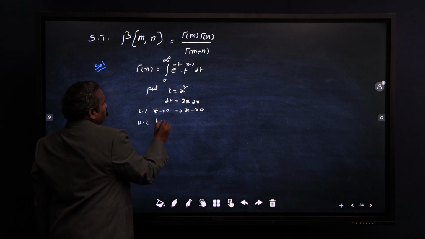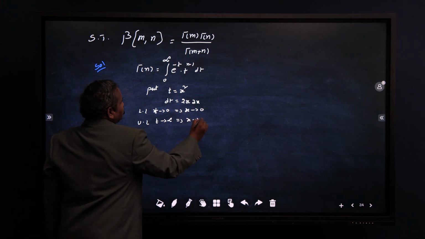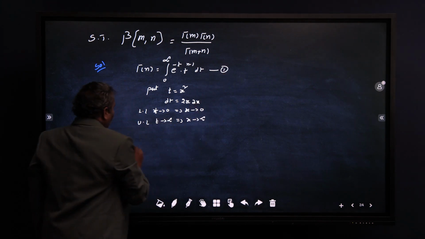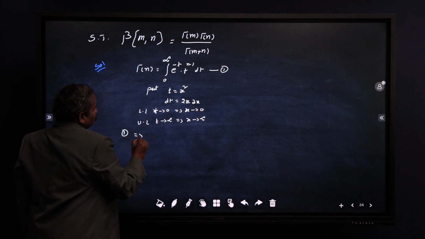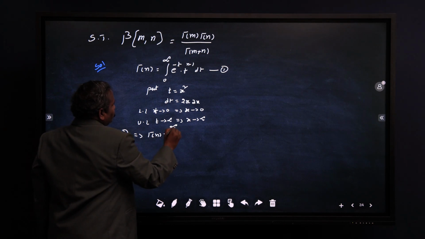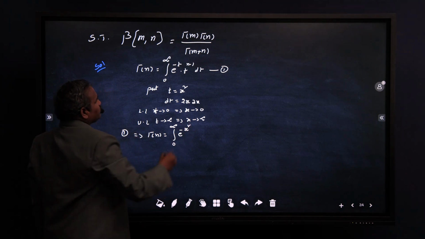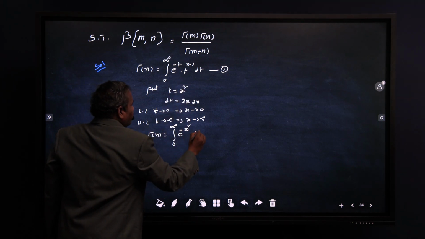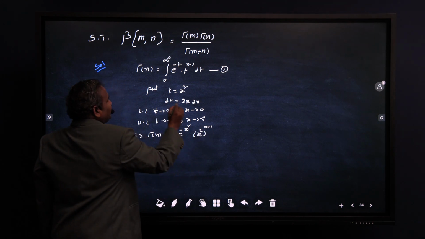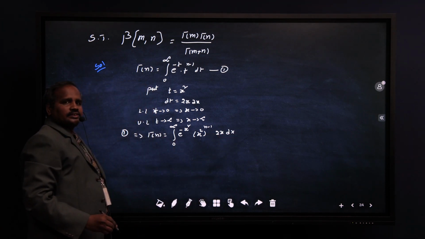Upper limit, t tends to infinity implies x reaches infinity. Substitute these all in this equation.